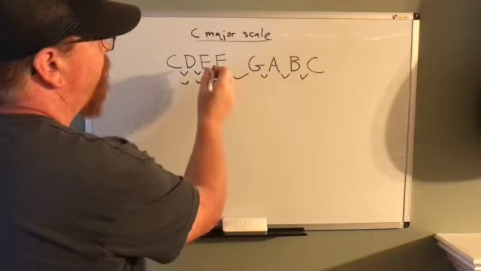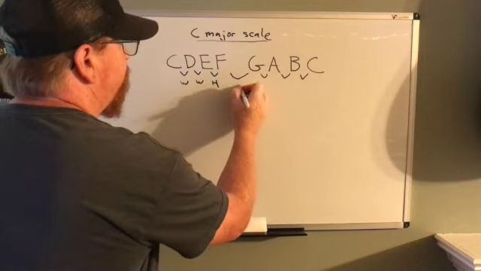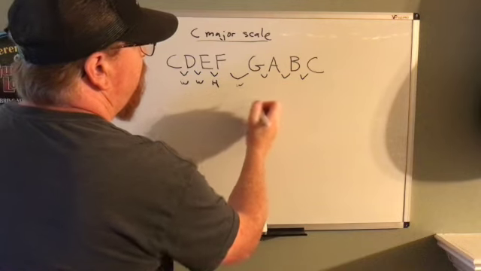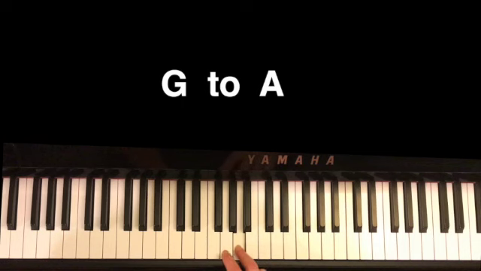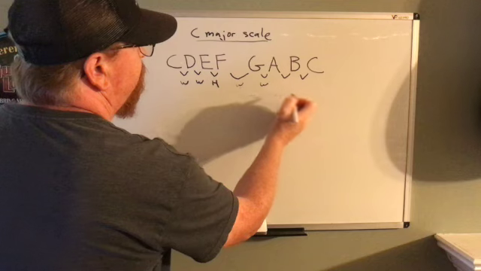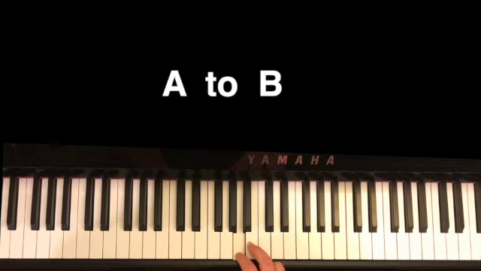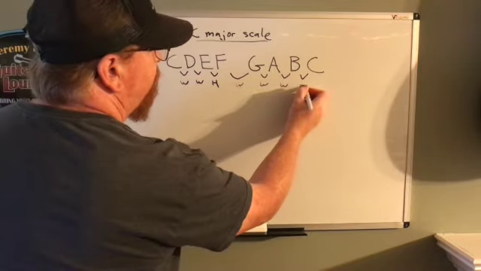And then from tetrachord, F to G, it was a whole step. And G to A was another whole step. A to B was a whole step. B to C, finally, we have our other half step.